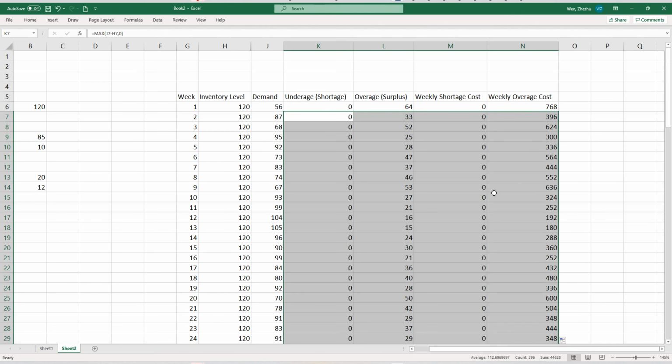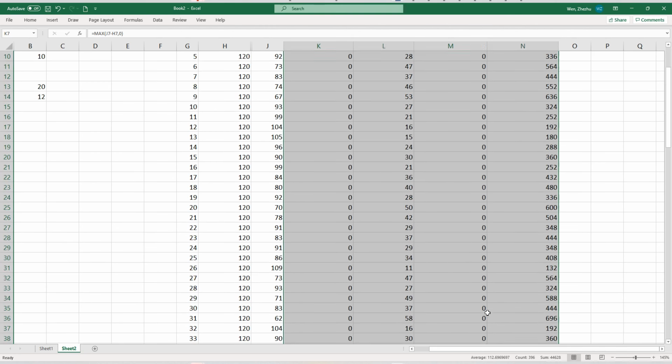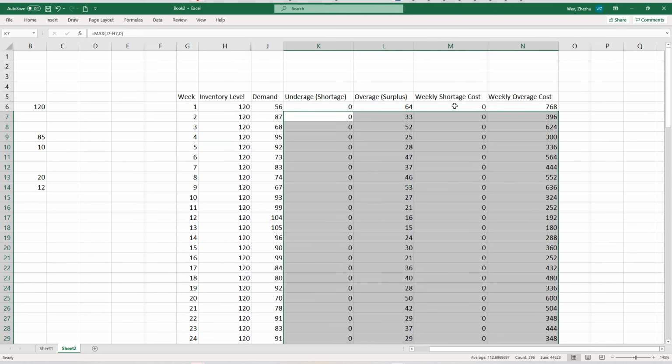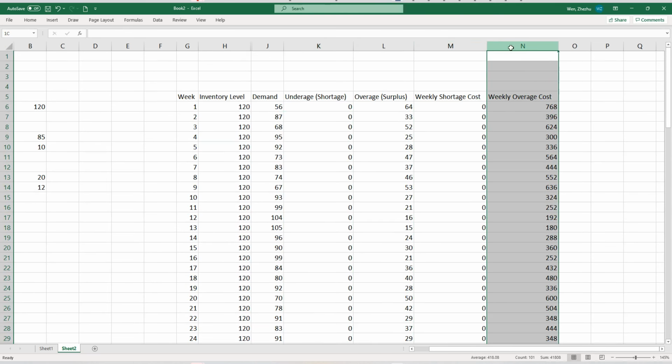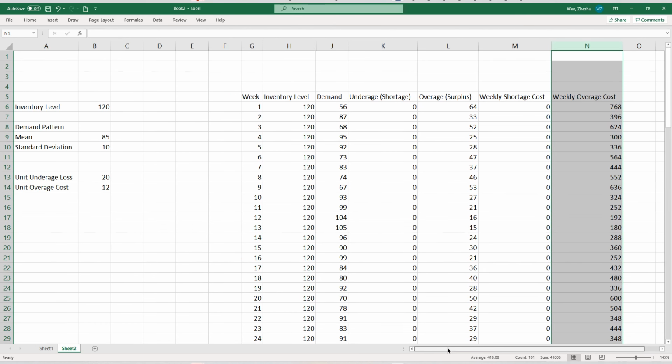Fill the rest. So your total cost or total loss can be the sum of column M and column N, right? Because each row captures the loss or cost that occurred in that particular week.